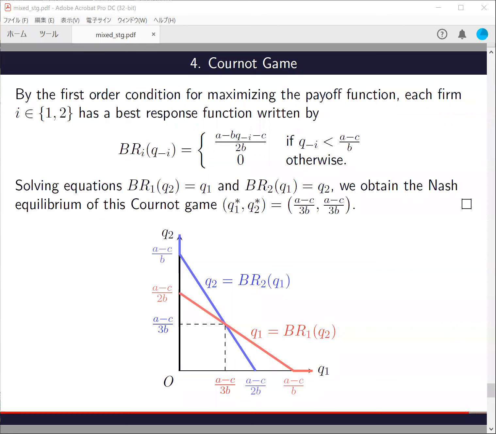Following exactly the same step as the case of public good game, we take first order necessary condition to derive the best response function of firm i. The best response function here takes into account the fact that output cannot be negative. We can draw a graph of the two best response functions and find the intersection which gives the Nash equilibrium of the game.